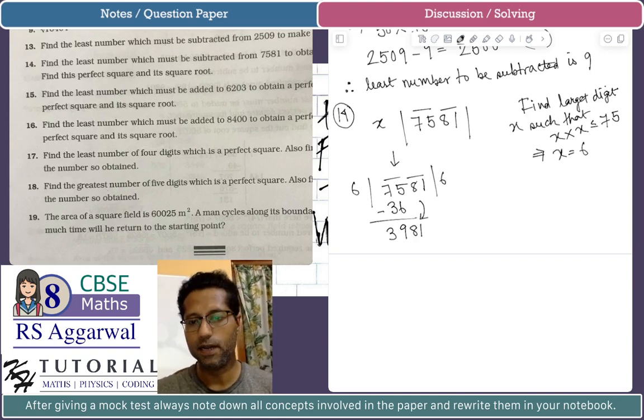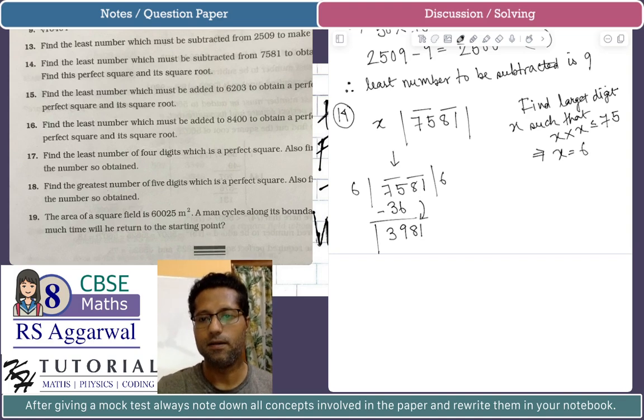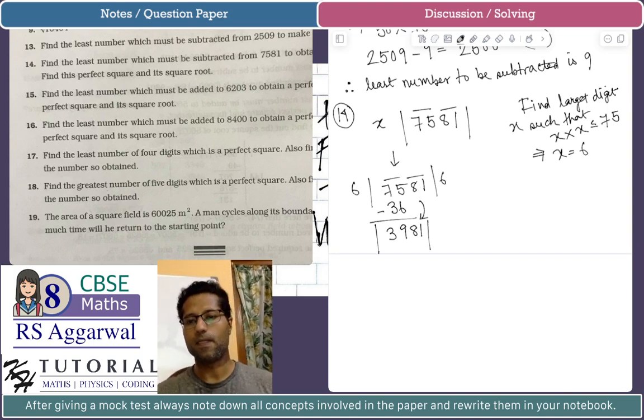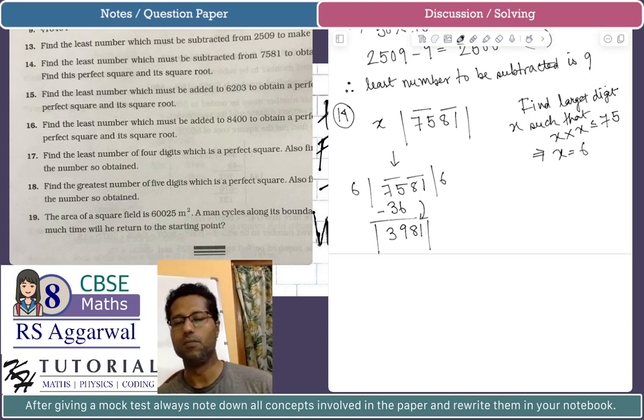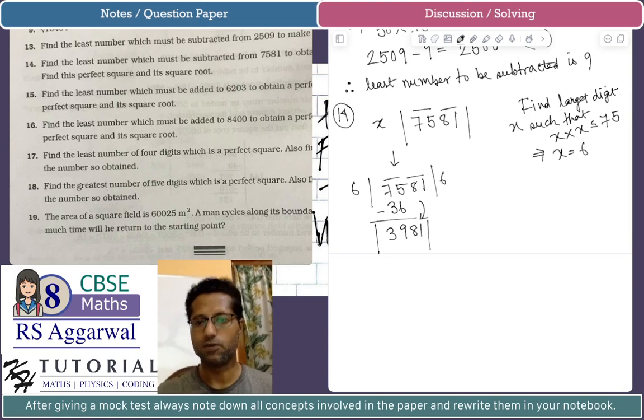So 3981 becomes the new dividend, and the next partial divisor will be 2 multiplied by the current quotient. The current quotient is 6, so 6 multiplied by 2 is 12.